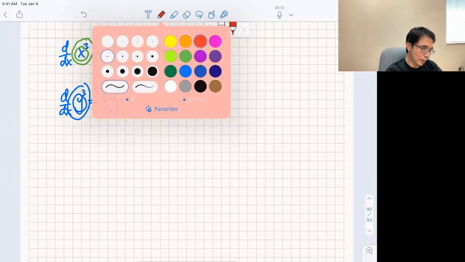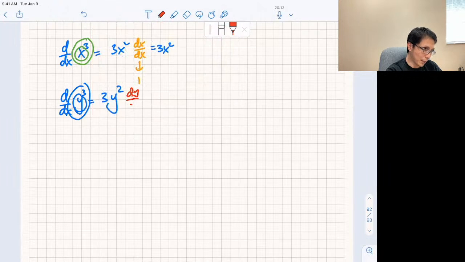So that comes to that famous term of dy/dx, because the dy/dx is present due to the chain rule. That's why we learn chain rule before we do implicit derivative, because a hidden chain rule kind of happens. It's just x, you're not going to do anything about it. dx over dx, I don't have to write it. It's just 3x squared. But with a y, anytime you have y, you're going to get dy/dx.